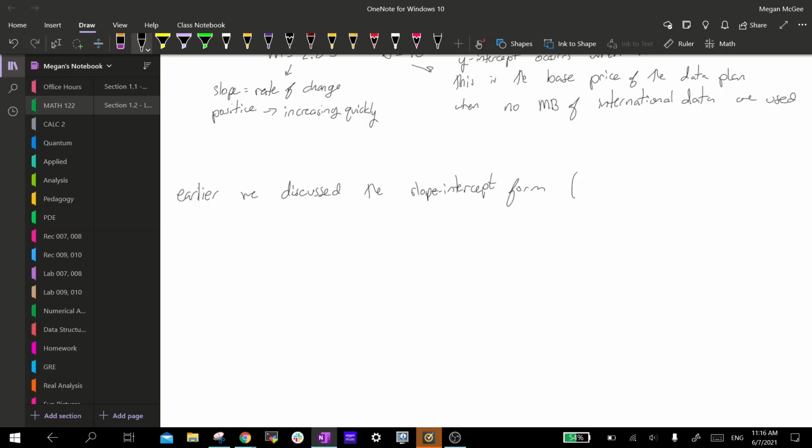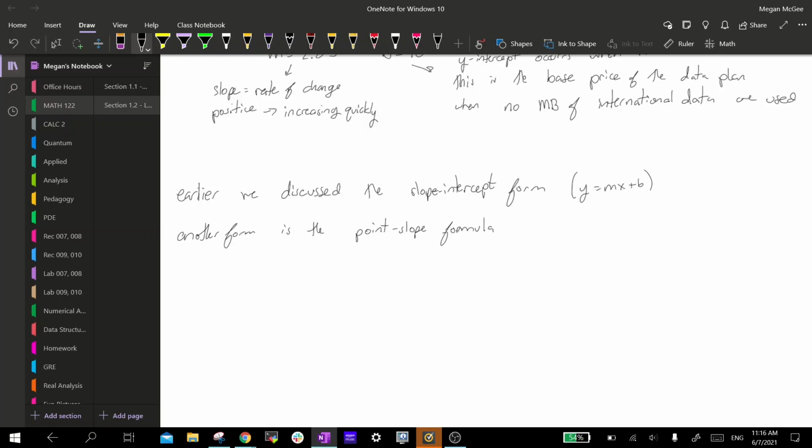Alright, and that was our y is equal to mx plus b, because we use a slope and we use an intercept, right? Okay, well, we have another form. Another form is called the point slope formula.